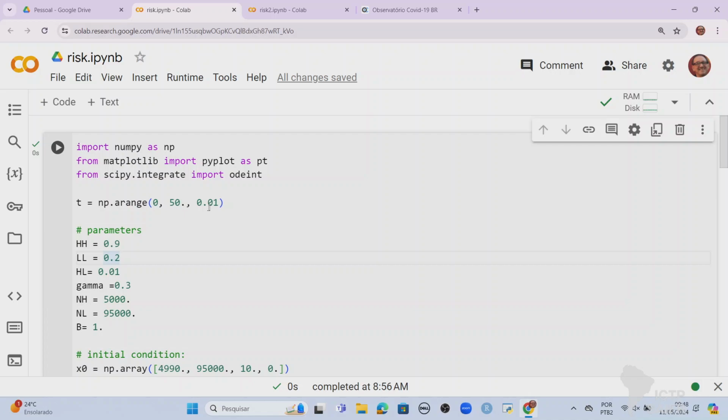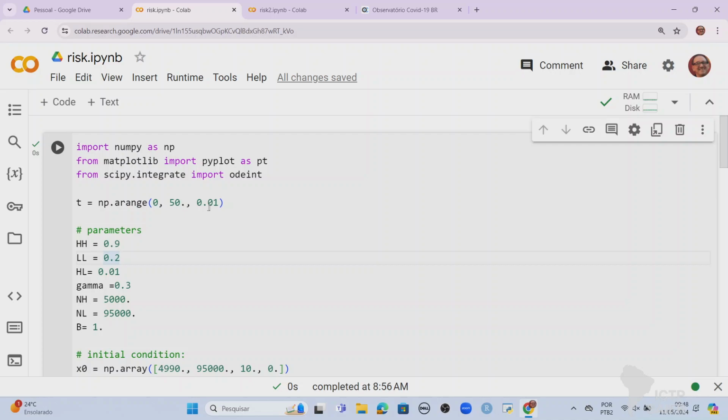And this one here, the low risk group, is 0.2 over 0.3, which is smaller than 1. Okay? So I have a population where the low risk group would not be invaded by the pathogen if there were only low risk people.